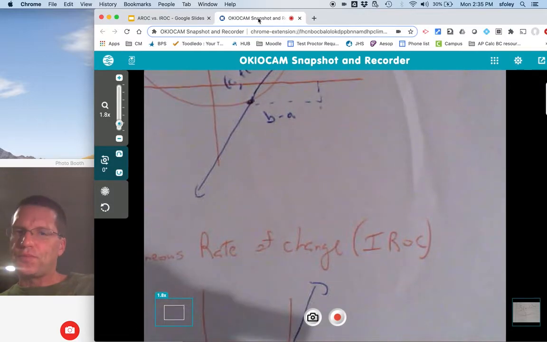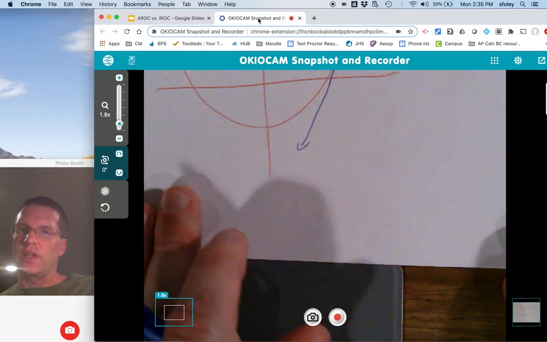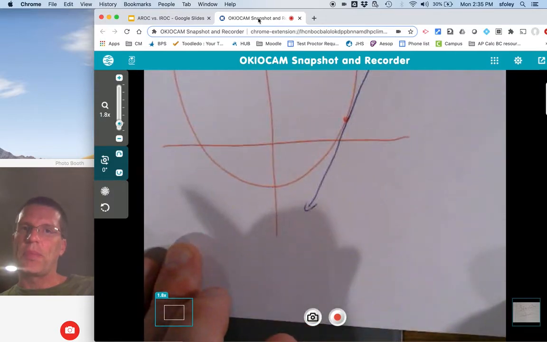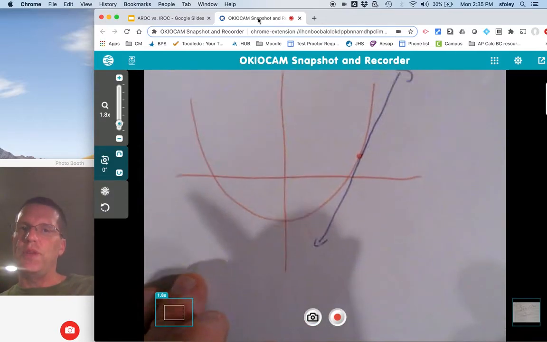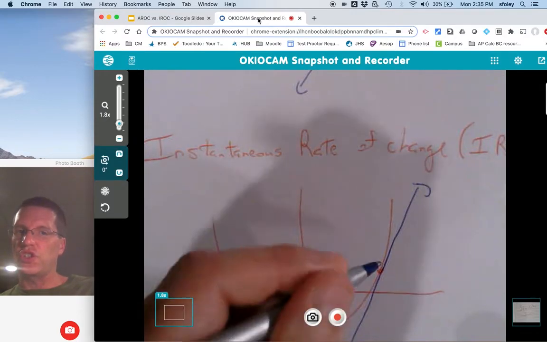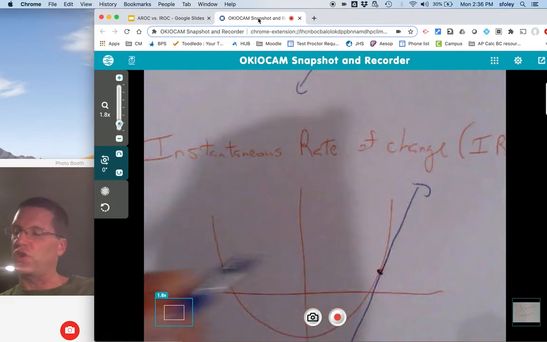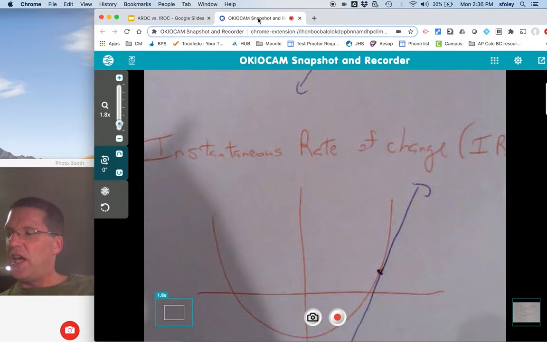And so the idea is that we're going to look at what we call a tangent line. It's a line that just grazes the curve at that single point that we're interested in. And so the question is, how do we do the slope formula when we only have that one point? How do we find the slope of that tangent line? We're going to see lots of ways over the coming days to get the slope of that tangent line.